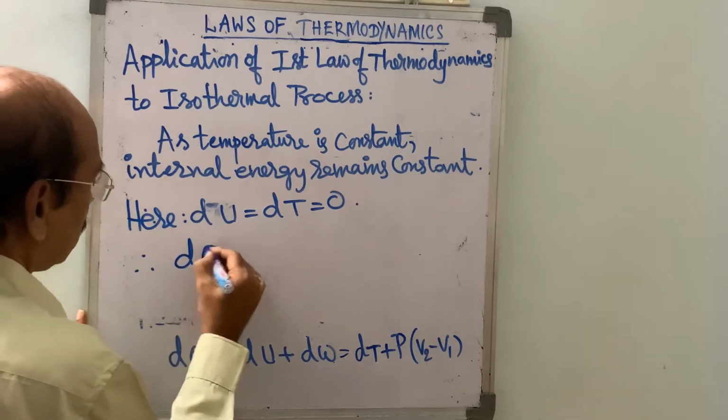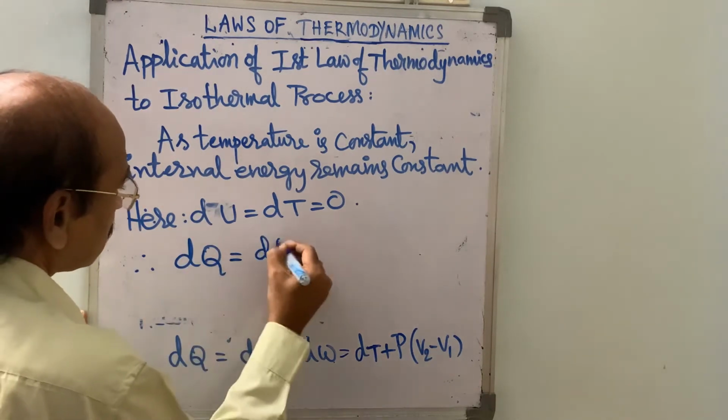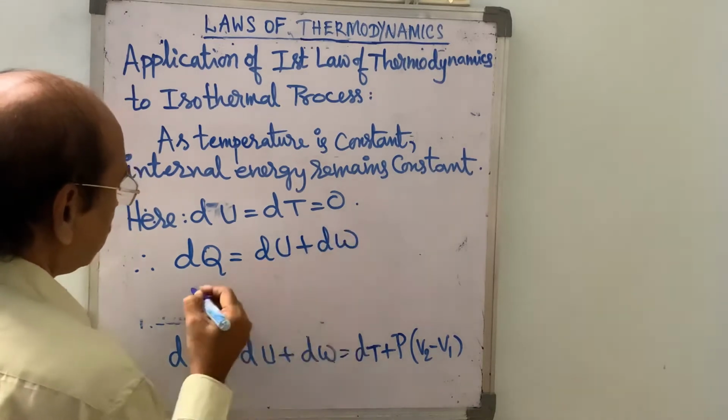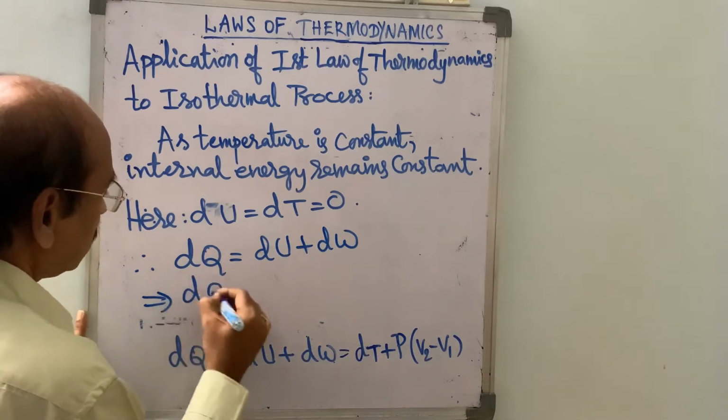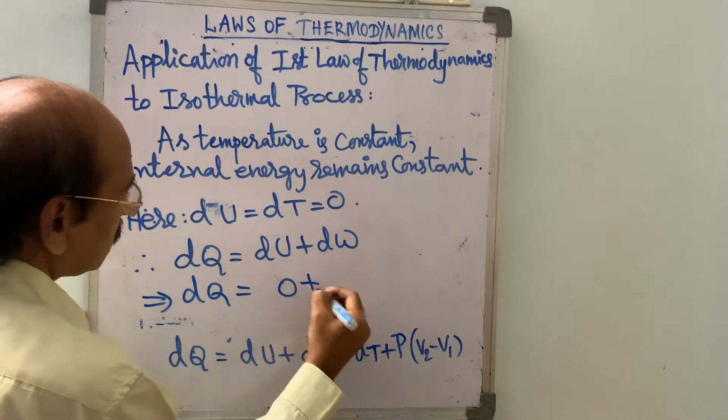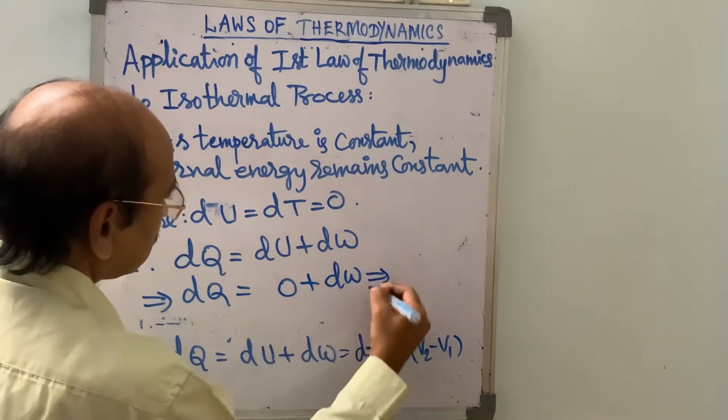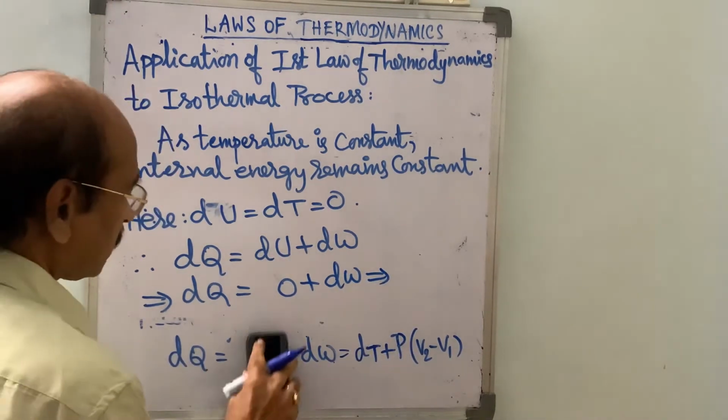Therefore dq is equal to du plus dw, dq is equal to 0 plus dw, that is, dq is equal to dw.